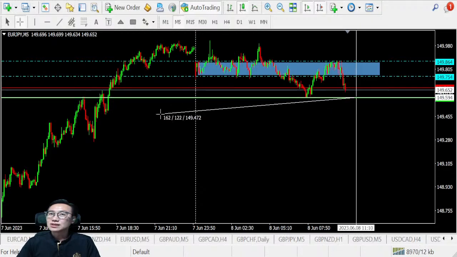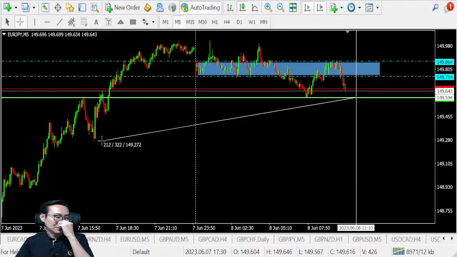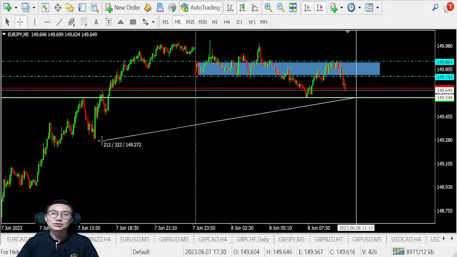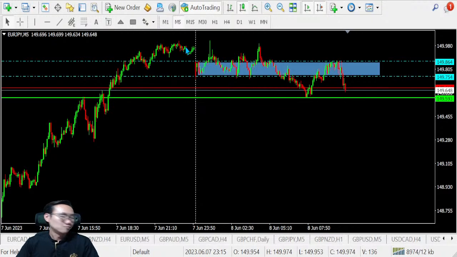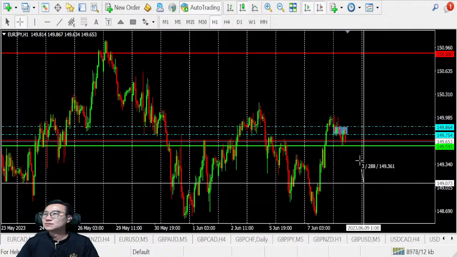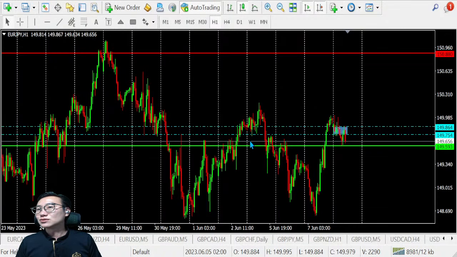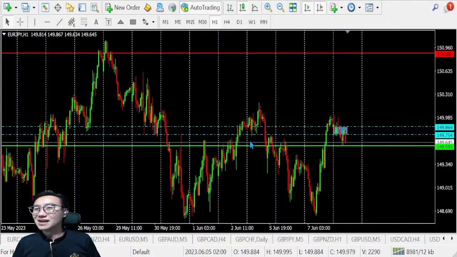We should be looking down here. 32 pips there is quite good. You can even go lower, 57 pips. Wow, that looks very appetizing.